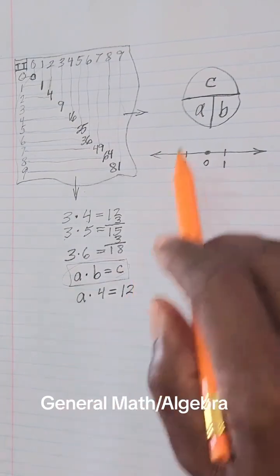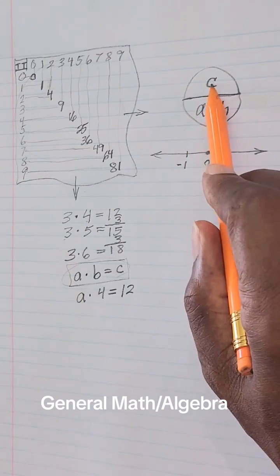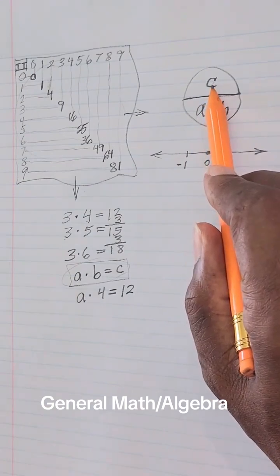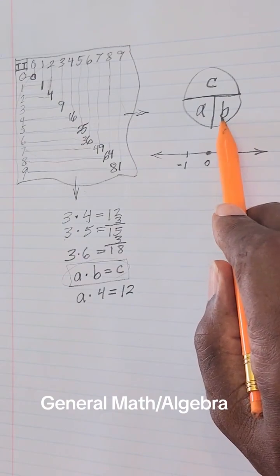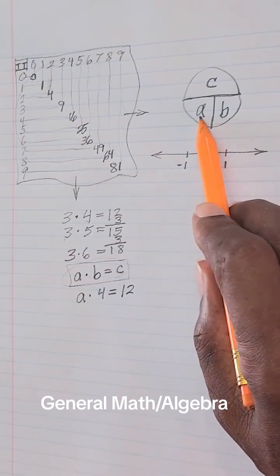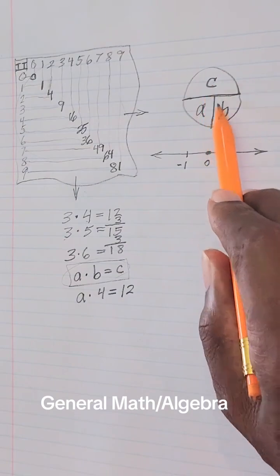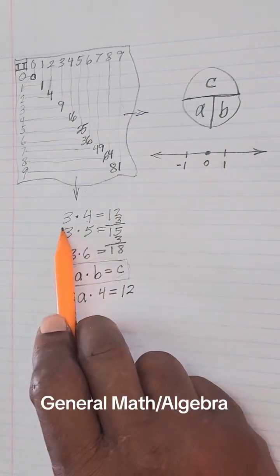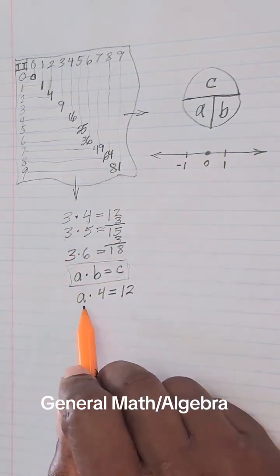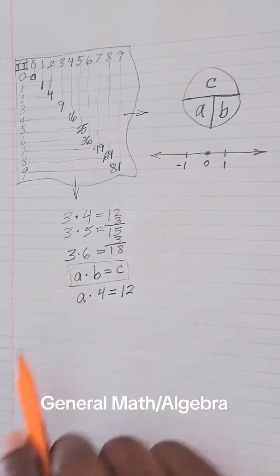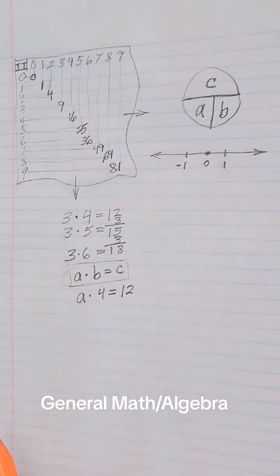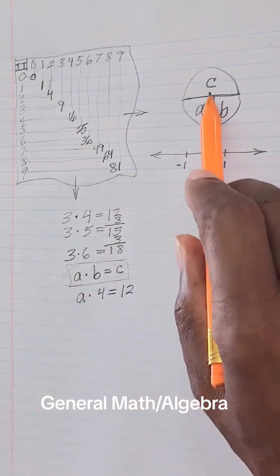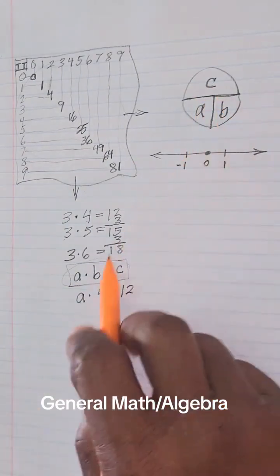Well, you stick C here, which would be 12. You stick 4 here, right? And then out comes A. 12 divided by 4 is 3. So that's how you would get this value. It even shows you how to arrange the equation.